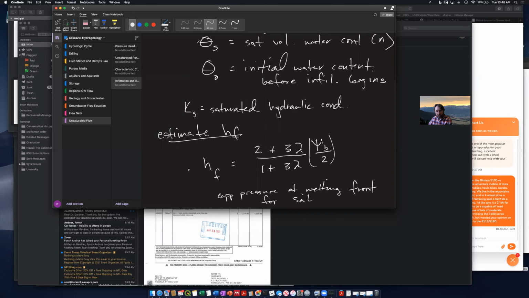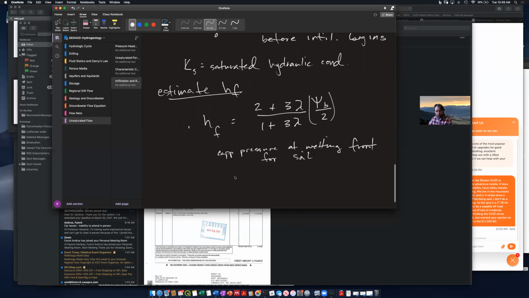And we need the Brooks-Corey parameters, psi sub b, the bubbling air entry pressure, and lambda, which has to do with the pore size distribution.